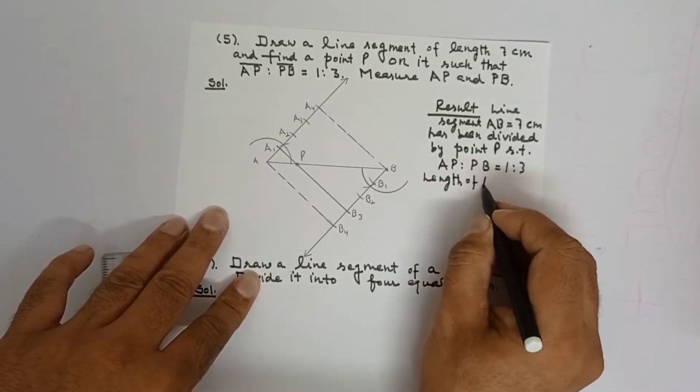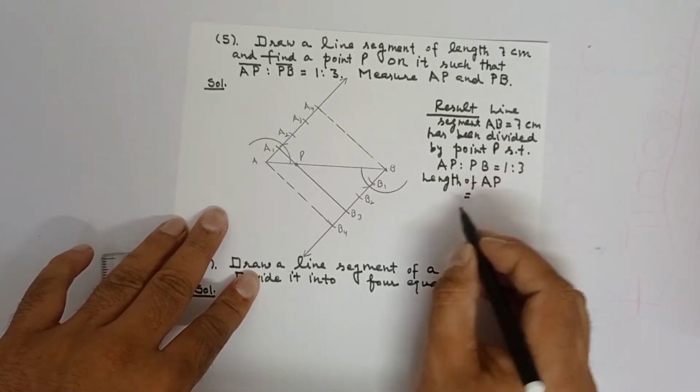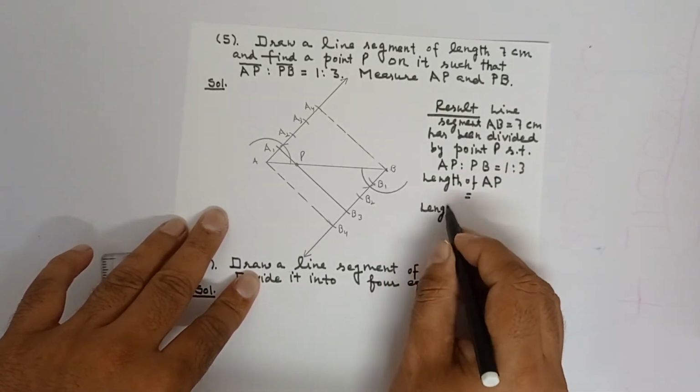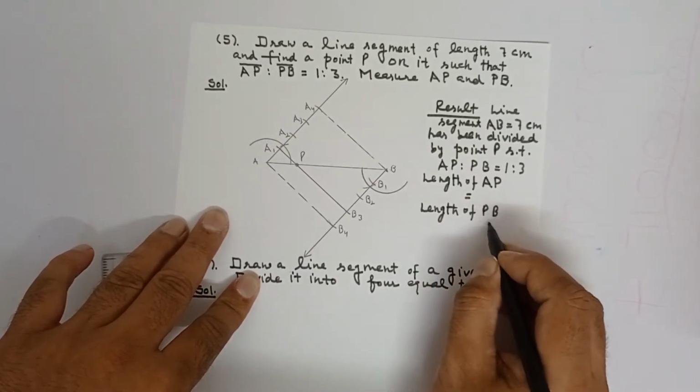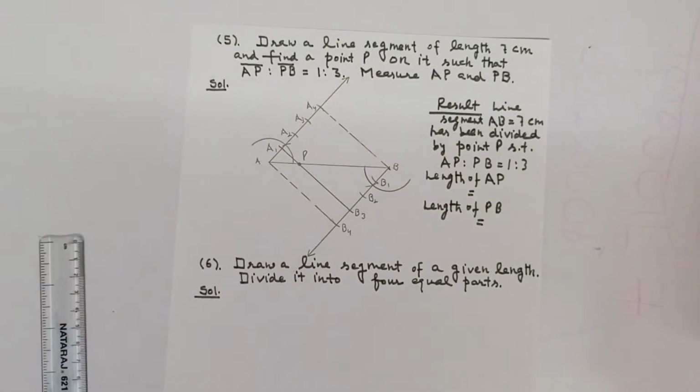So length of AP we will measure now, and this is length of PB. Let's measure these with the help of scale.